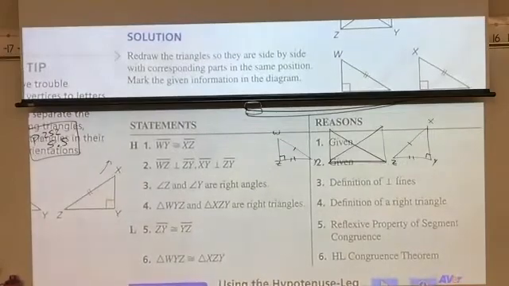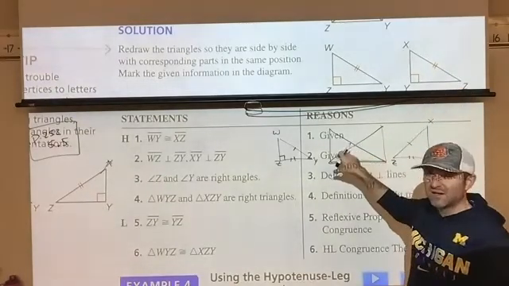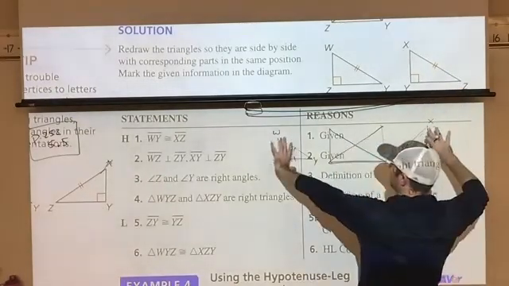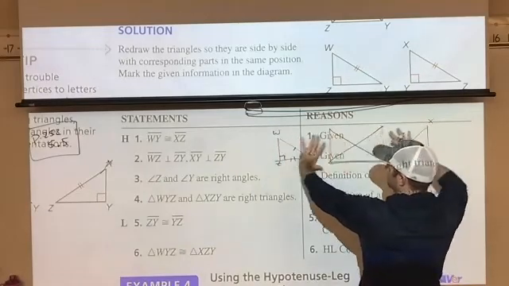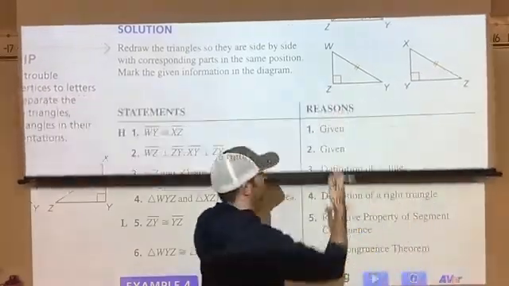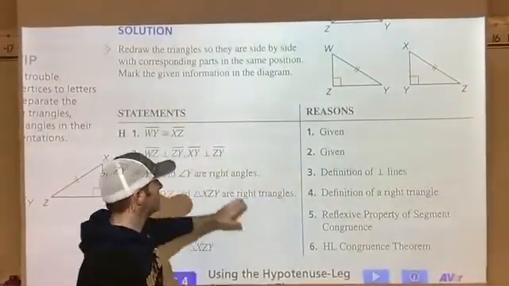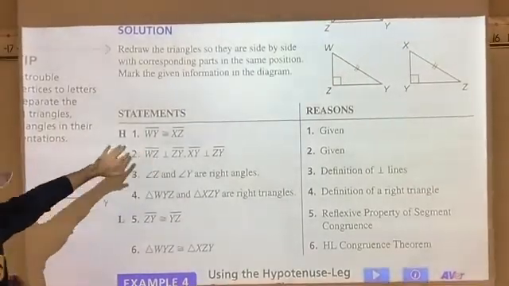And look, they redrew them side by side. I don't like the fact that they redrew them not the way it looks here. I think it's better to just split them up like this so that we can take a look at how they look, if we can imagine it, kind of spread apart. They redrew it a different way. But you see it here, right? We had this given that they were perpendicular.